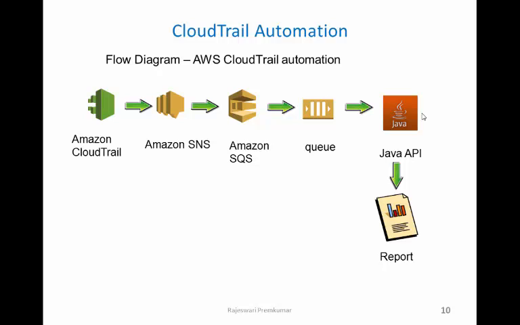You can either load a database, or create a text file, or create a report out of it, however you want. I went ahead using the Java API to automate this process.